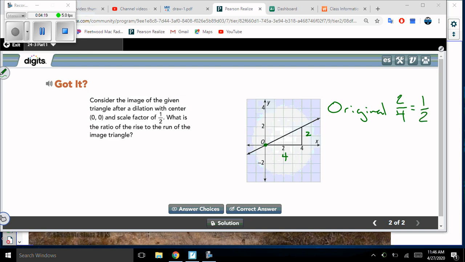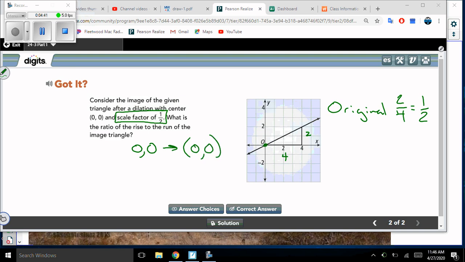Okay? And if we take a look at my new one, we're going to multiply by a scale factor of 1/2. Now again, one of the ways we learned how we could potentially do this is we could say, hey, I'm going to take 0, 0, and I'm going to multiply each of those by 1/2, leading me to 0, 0 still.